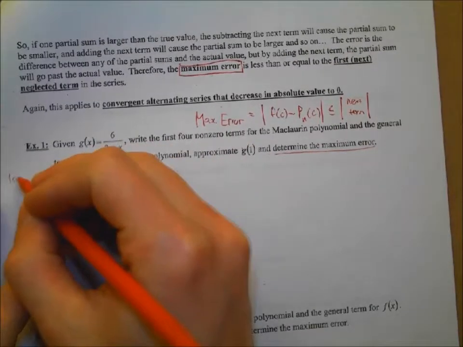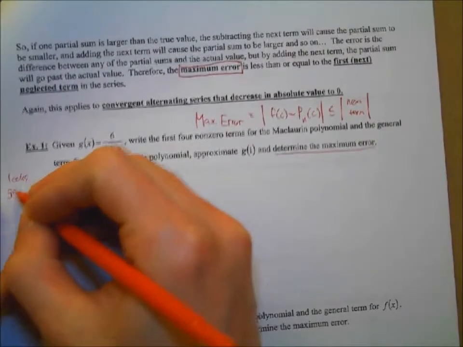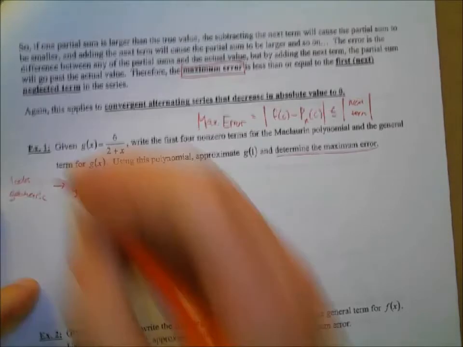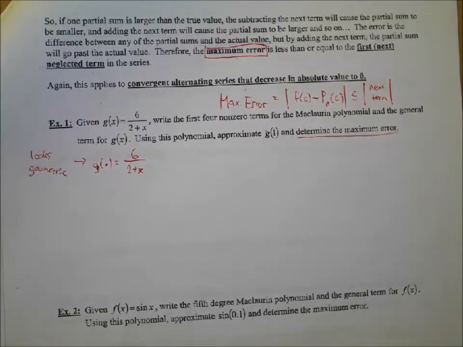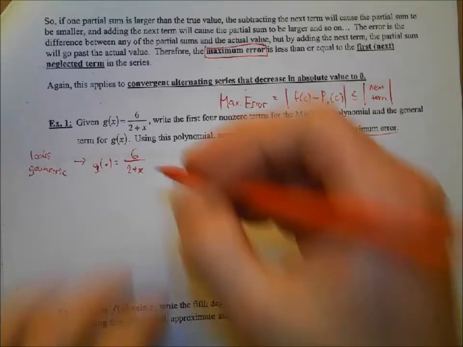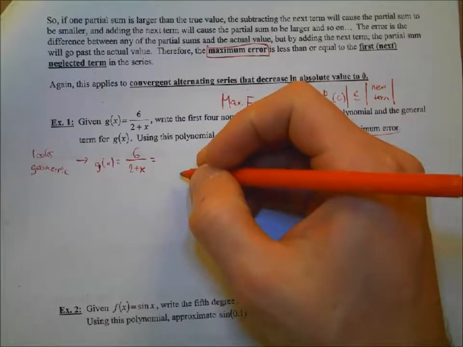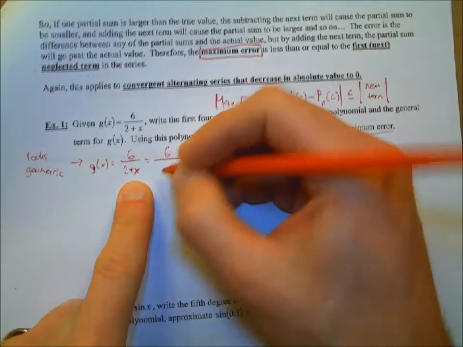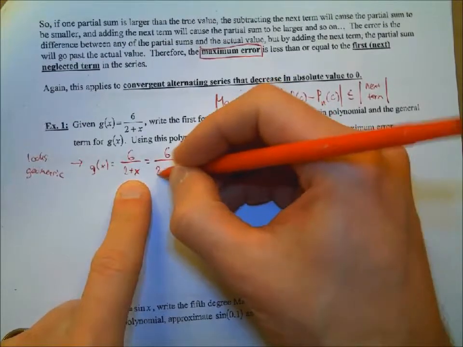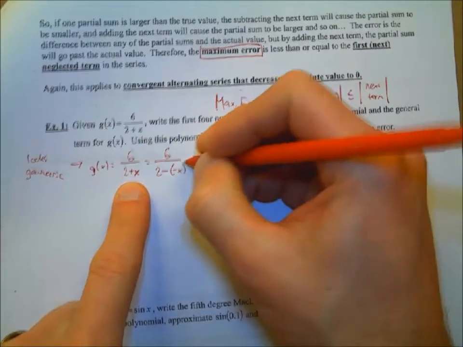What clued you in there, Lander, that you thought it was geometric? 2 plus x. Yeah, okay, so you have a number over something plus x, but of course it's not quite in the right format. We have a little bit of manipulation to do. So for example, we don't want 2 plus x, we want 2 minus something, so we're going to do minus a negative x like that.